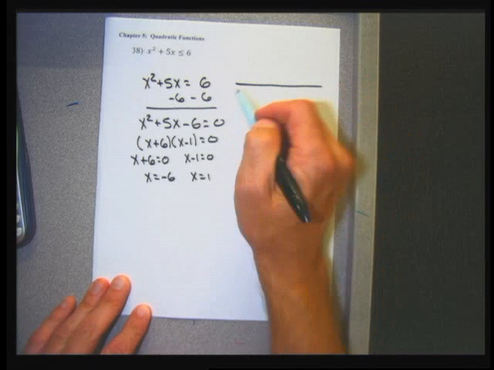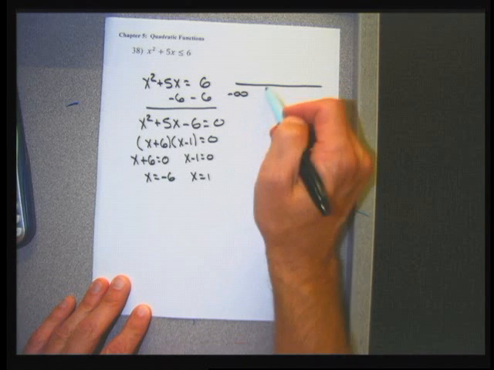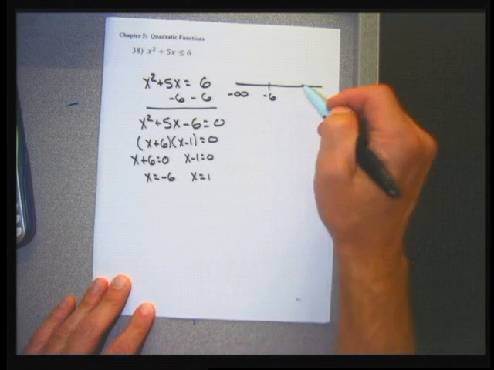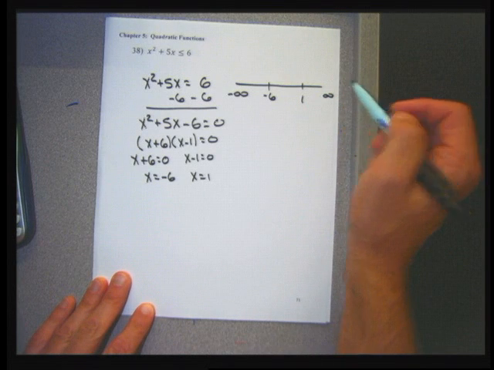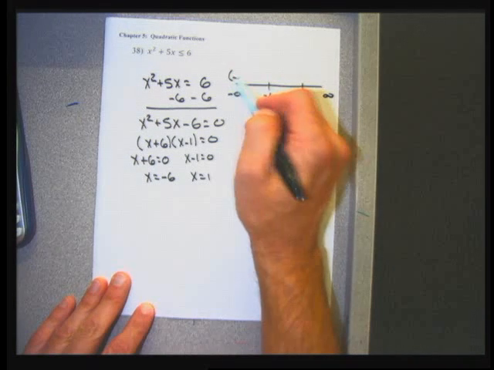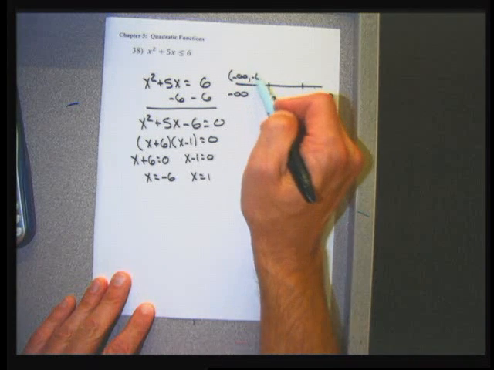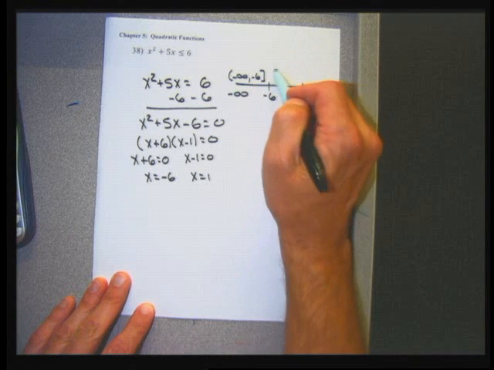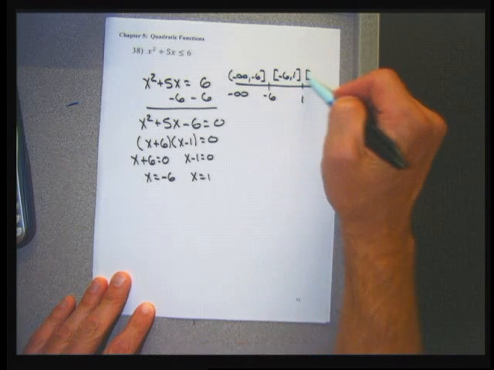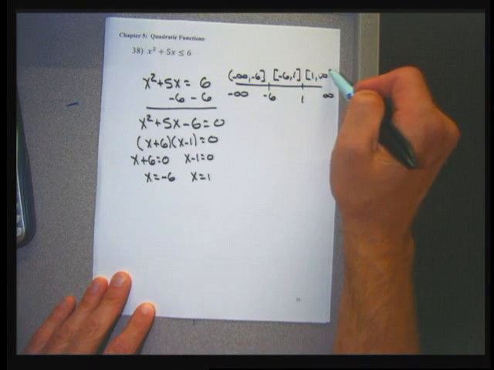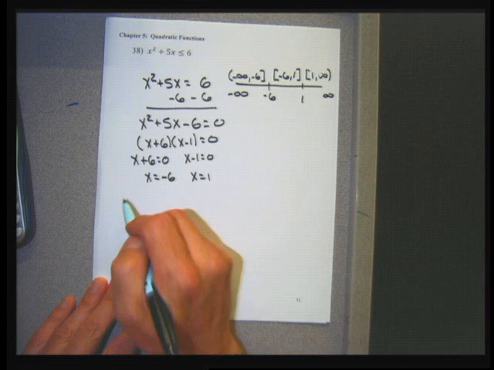My number line is going to have a negative infinity, a negative 6, a positive 1, positive infinity. I'm going to pick up some square brackets. I'm going to have negative infinity to negative 6, negative 6 to positive 1, positive 1 to infinity, and now let me do a real table.